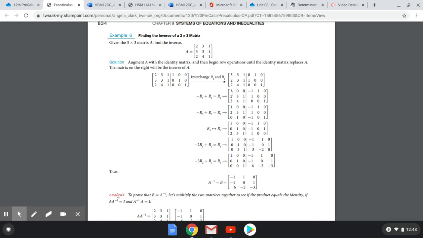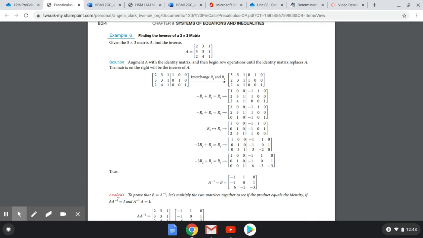Either way, the next thing that we would want to do would be to get our zeros over here. So really the next thing we want to do is to get a 0 here.